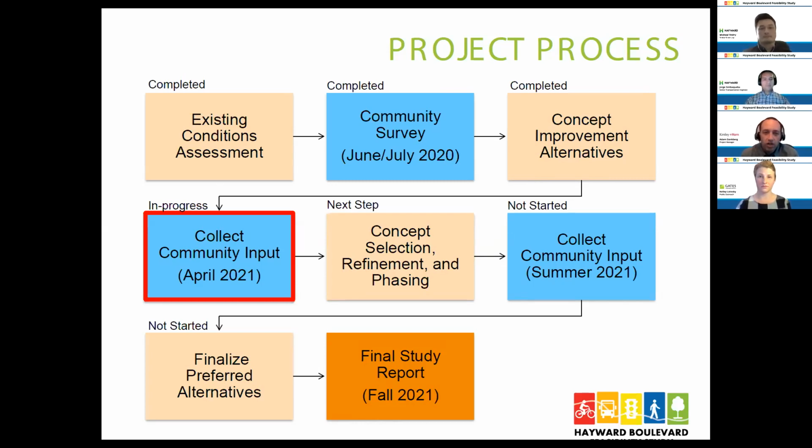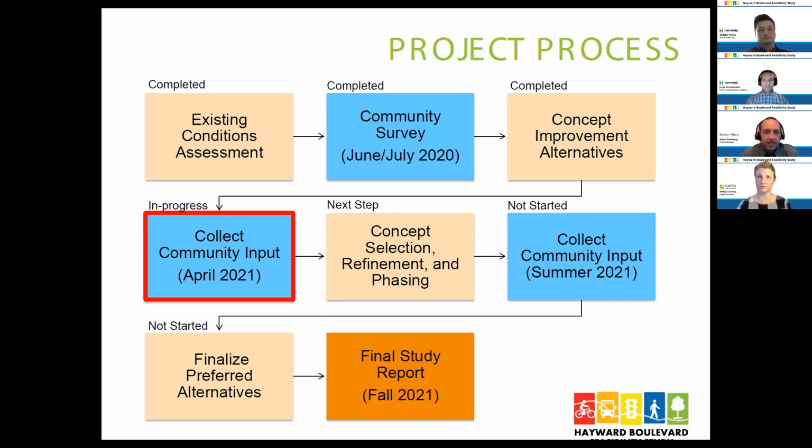And then the final outcome of this project is a final study report where we identify specific improvements that the city can then use to move forward and find funding for and program in their future budget to actually implement in the corridor. So the end outcome of our effort isn't quite shovels in the ground, but it's identifying what improvements are necessary and community supported that the city can then find funding for in advance through design and subsequent efforts.